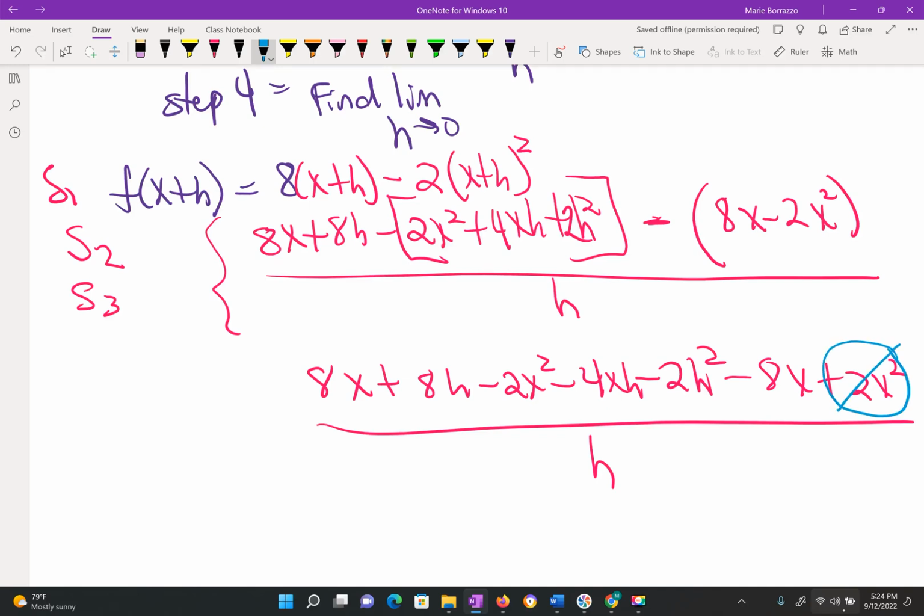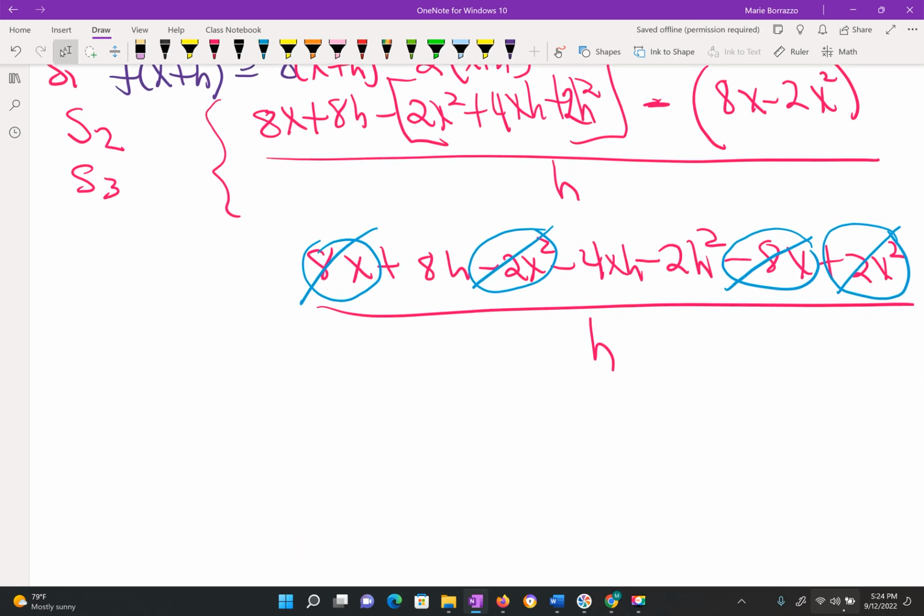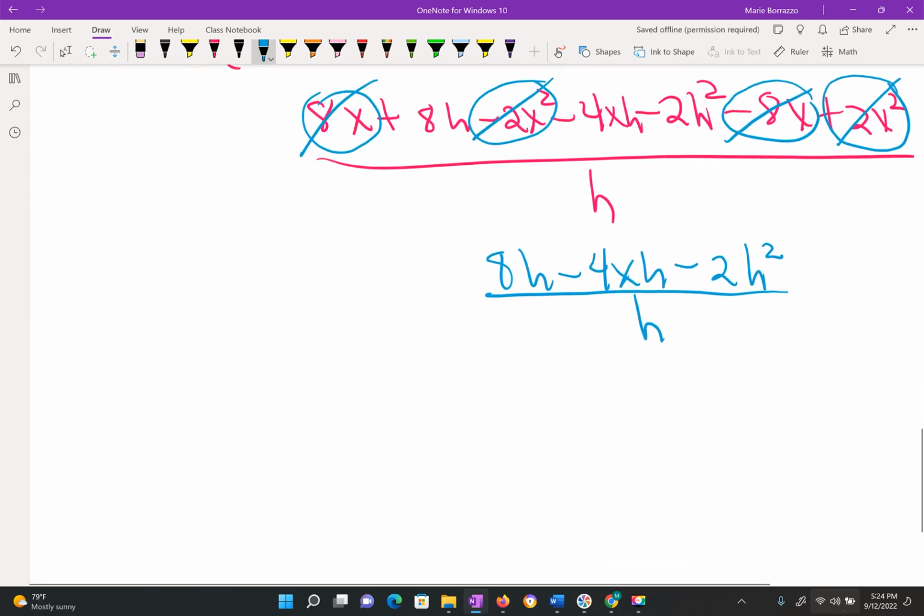So this cancels with this. 8x and negative 8x go away. They cancel each other. And you should be left with 8h minus 4xh minus 2h squared all over h. So let's extract the h.